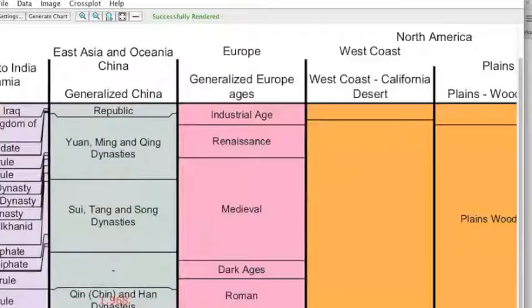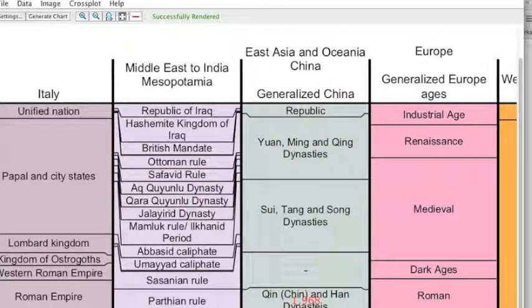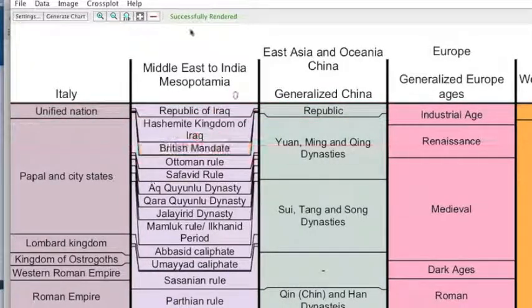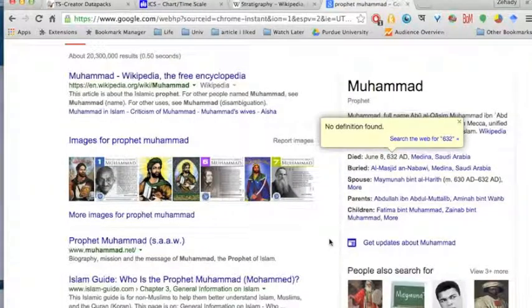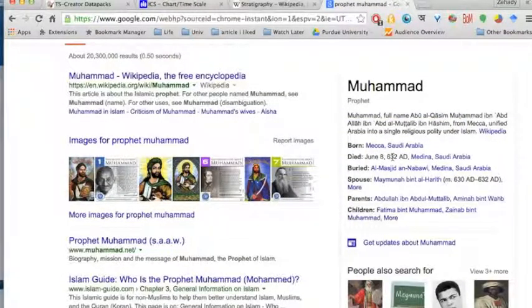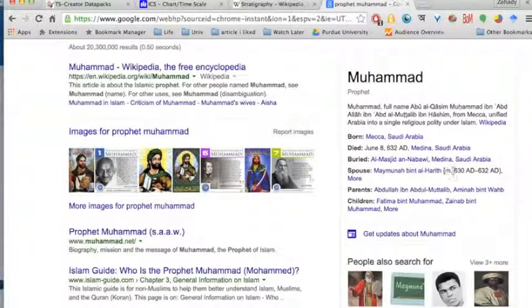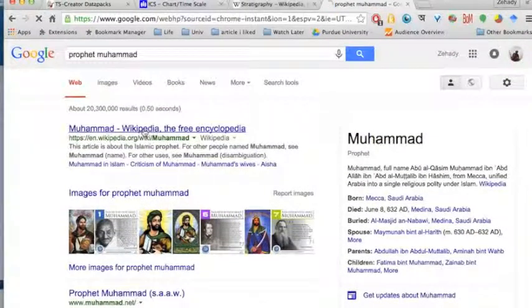Okay, so this is the Middle East. Oh, around this Ottoman time, Ottoman 500, 505, around this time. Oh, that's not true. I'm making some mistake. 632 AD. 630 AD. Let's go to his Wikipedia page.